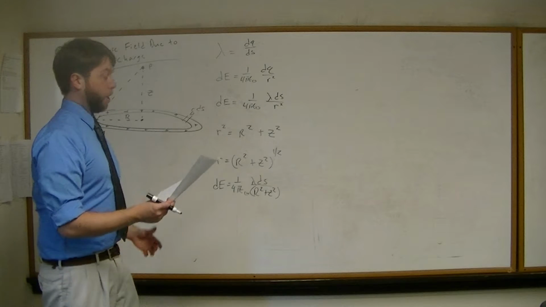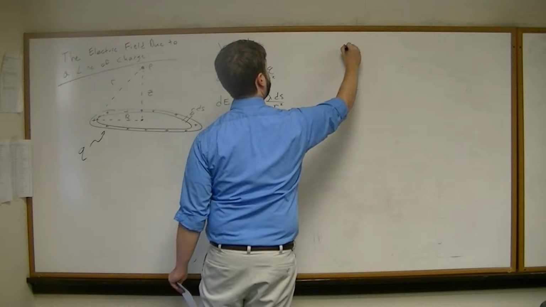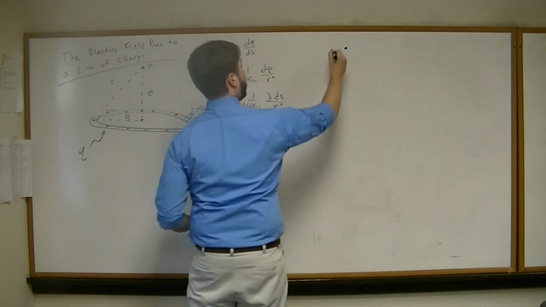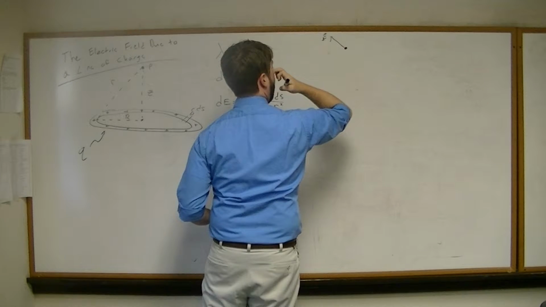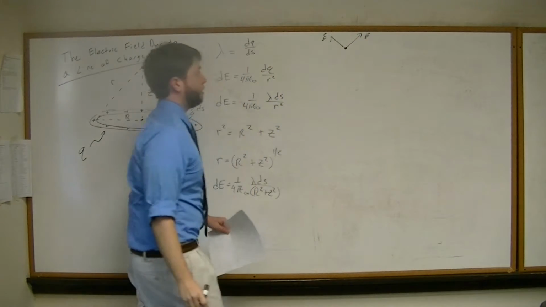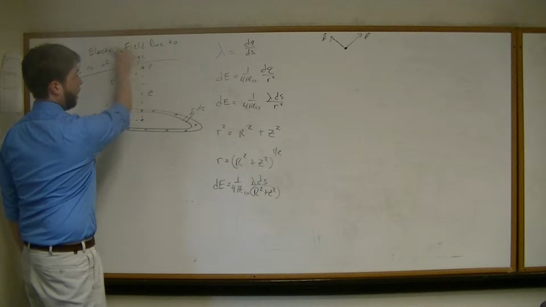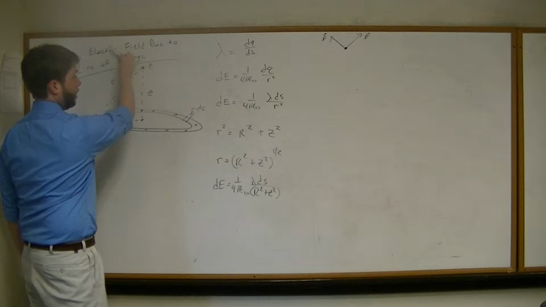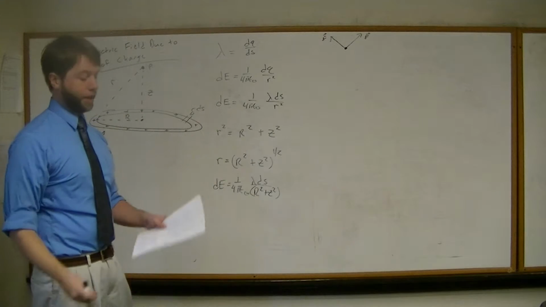Okay, now the symmetry argument. At the point P, we are going to have one electric field coming out like this, and then another electric field from the other side of the ring coming out like that. If you think about these positive charges coming up and creating an electric field that moves like this, we have other ones on the other side that are creating an electric field like that.